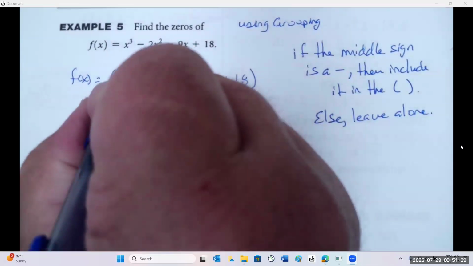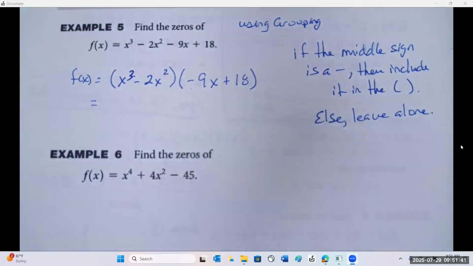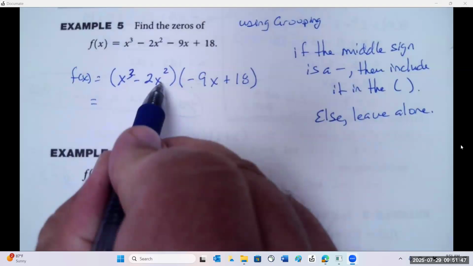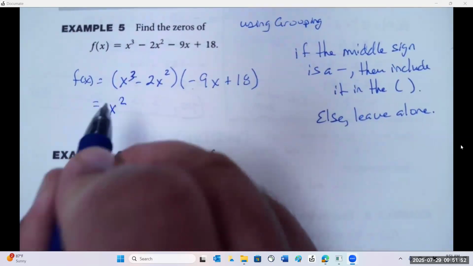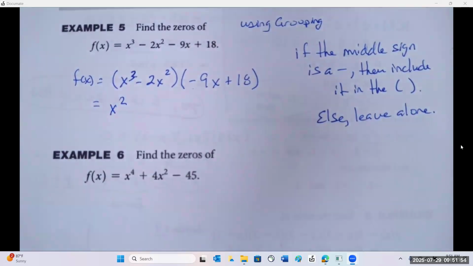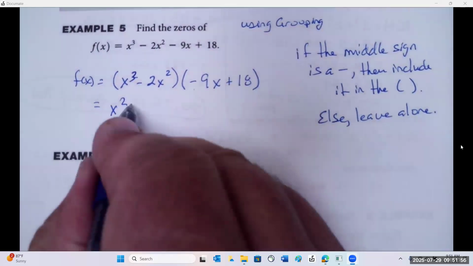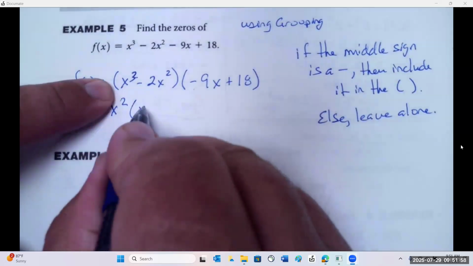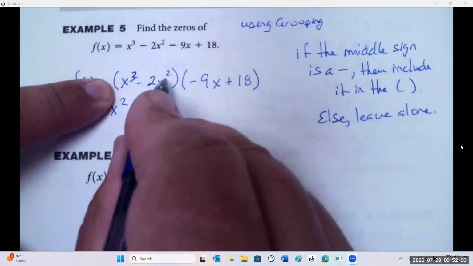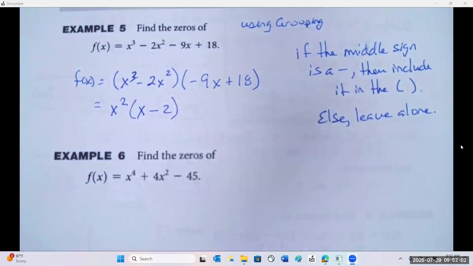This is x cubed, I'm sorry. Yes, they have x's. How many x's do they have the same? This one does not have 3 x's. They both have 2 x's. So if I take away 2 x's from the first one, I have that. I take away 2 x's from that one, I have that.